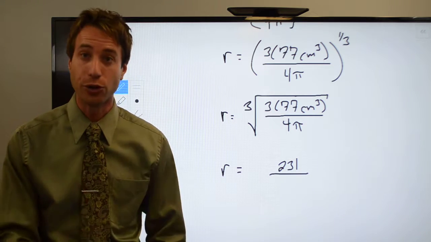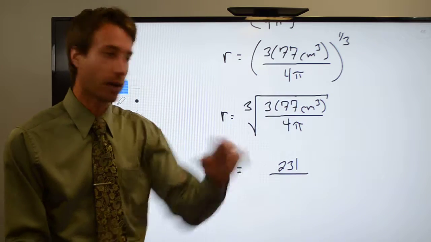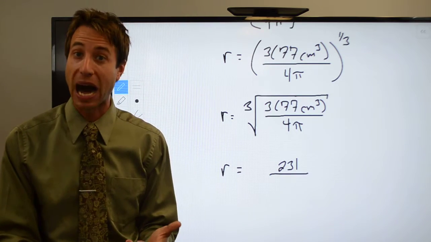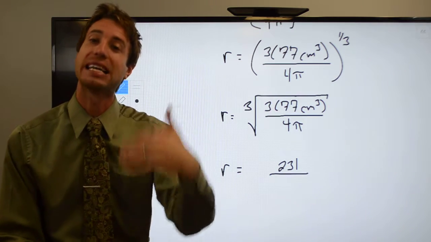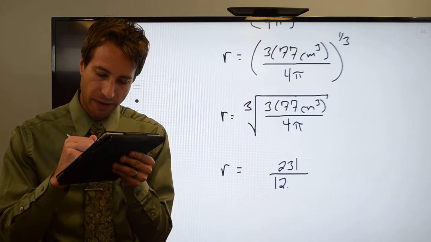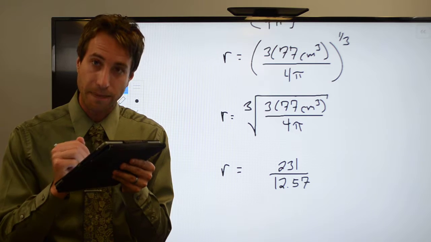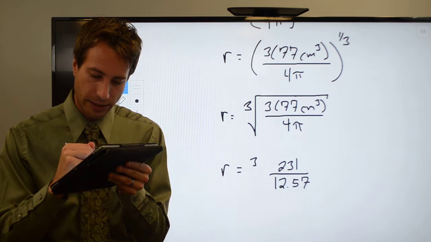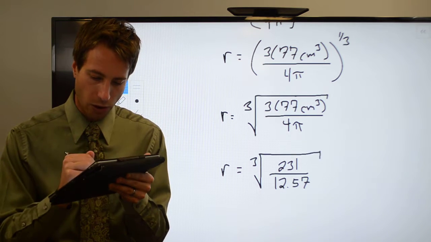I would then do 4 times pi, and I get 12.57. Then I am taking the cubed root of all of that.